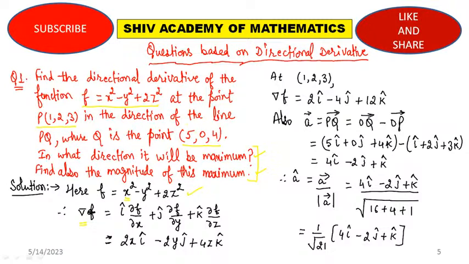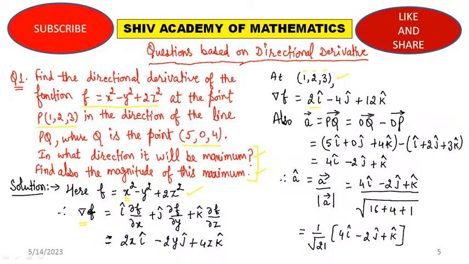Because we have to find this directional derivative at the point P(1, 2, 3), we put x equal to 1, y equal to 2 and z equal to 3.